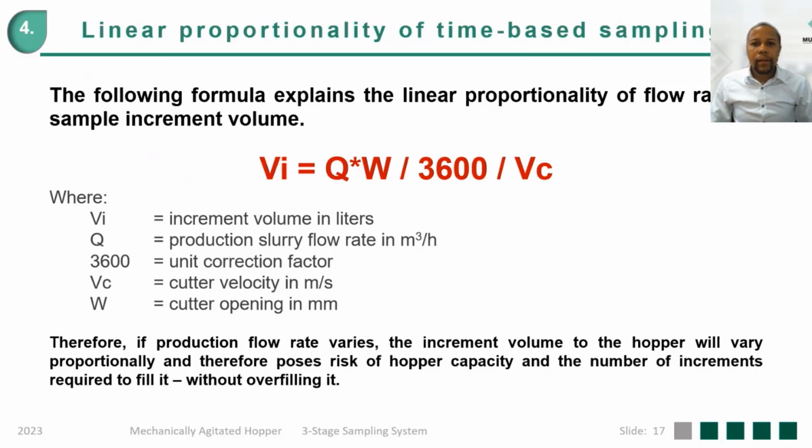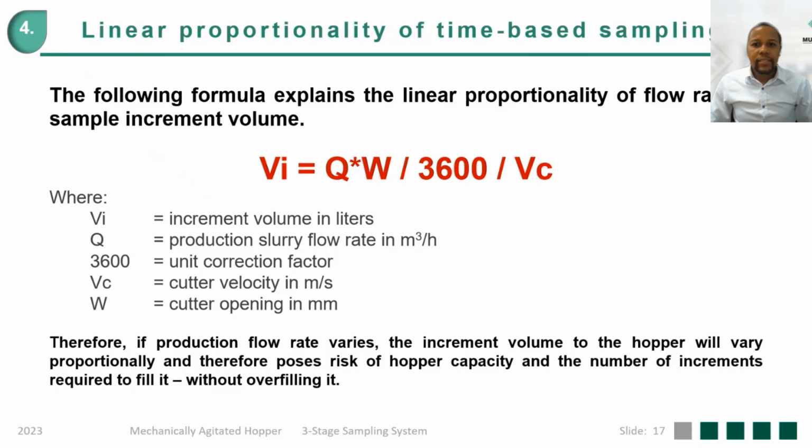For the slurry samplers, mostly the minimum cutter that we have for the cross stream is 15 millimeters, and for the linear it is 10 millimeters. Usually in slurries we are running microns, so it always complies with the 3 times nominal top size, which is required.